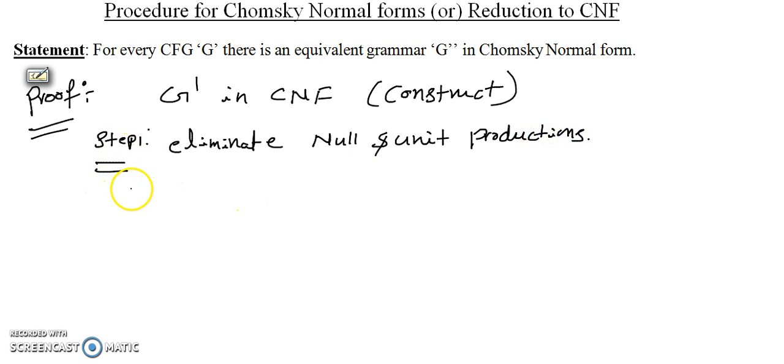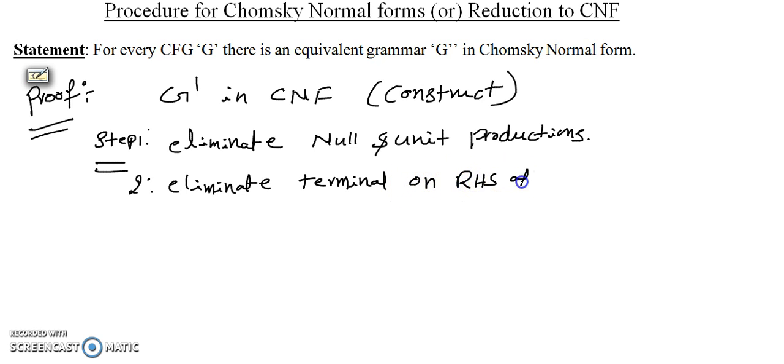And the second step is, step 2, eliminate terminals on the RHS of the productions as follows.